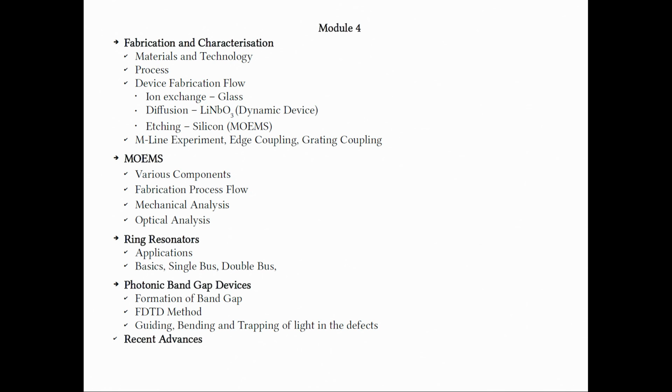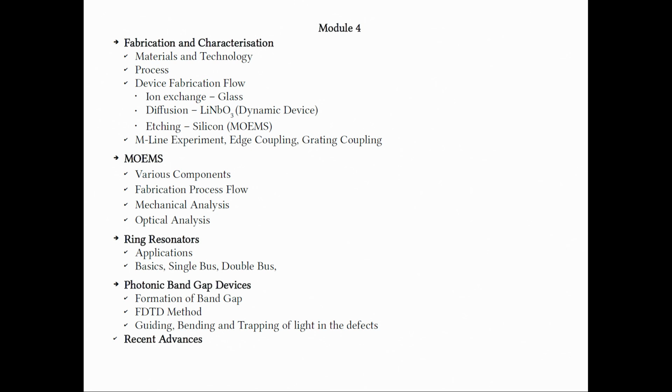We have given some equations of their properties like the Q factor, then the free spectral range, and so on and so forth. There are several configurations we looked at, like a single bus ring resonator, a double bus ring resonator, and so on and so forth. Finally, we looked at photonic bandgap devices, also called photonic crystal based devices.